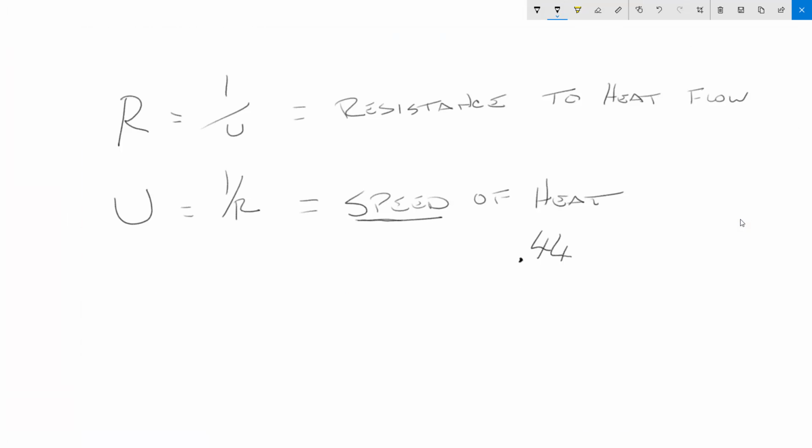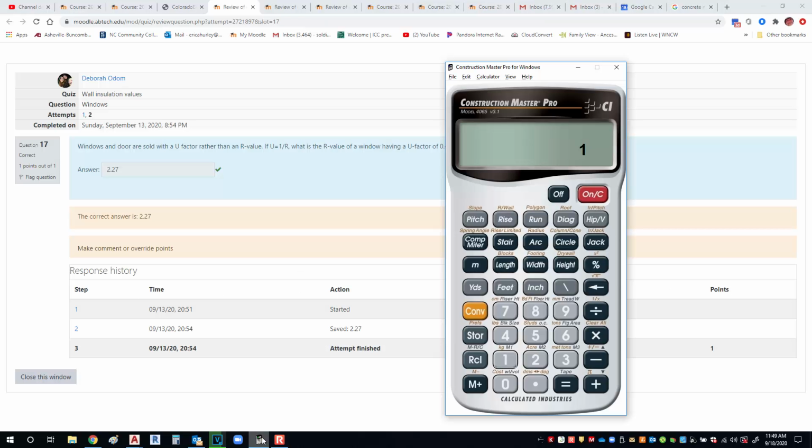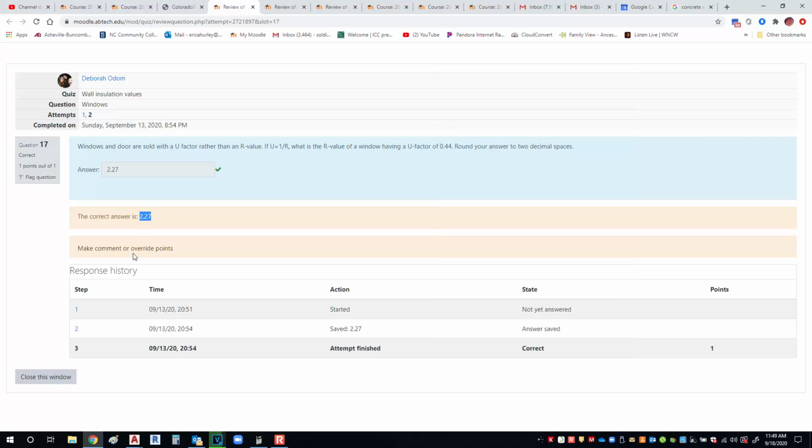So in order to find out, R is equal to 1 over U, which is equal to 1 over 0.44. Let's go over to the handy dandy calculator again. 1 divided by 0.44 equals 2.27. Look at there. 2.27. Good, Debbie.